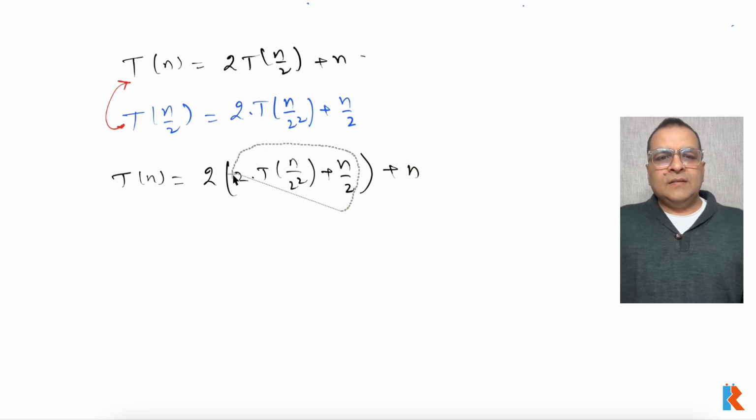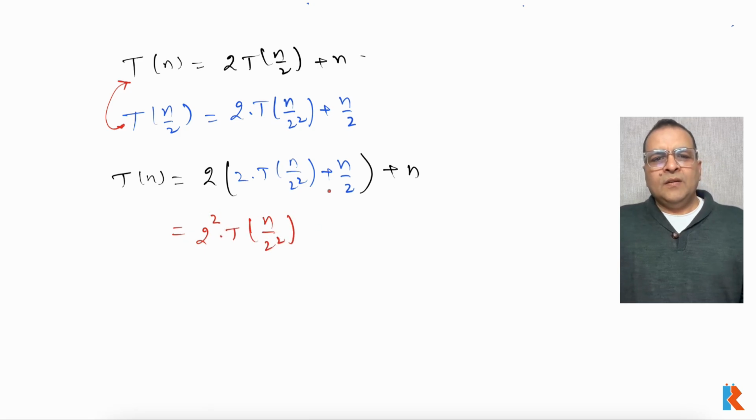This part is coming from the previous blue part. So this is the blue part. If you open these brackets, you will get T(n) is equal to 2 square T(n/2 square). These 2 and 2 will cancel each other and we will get 2 times n.